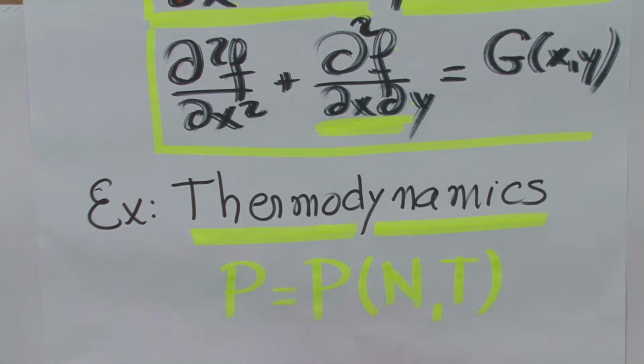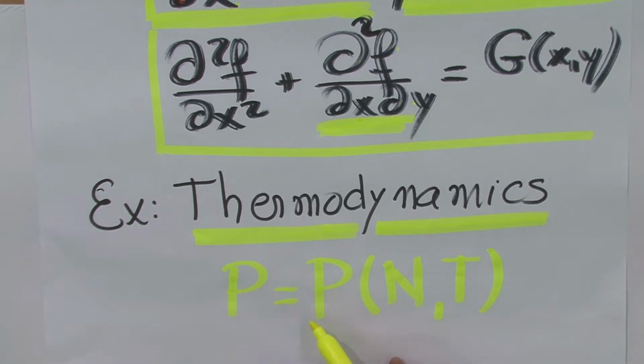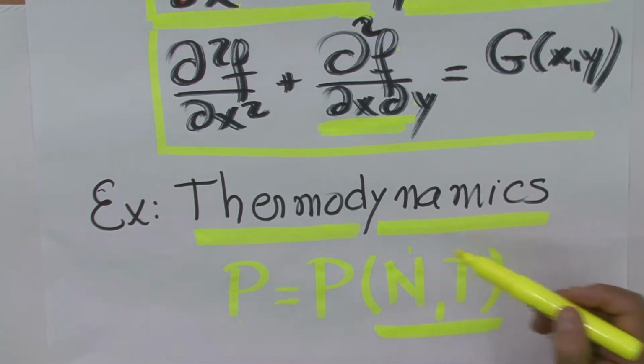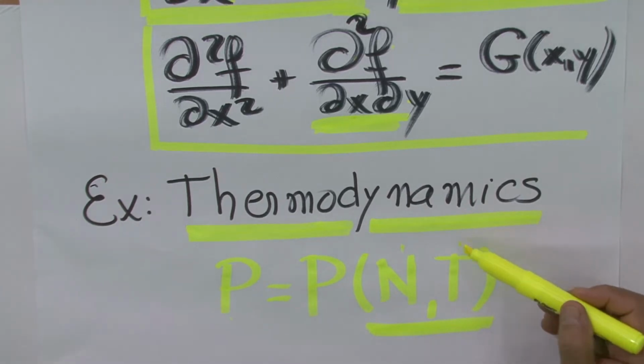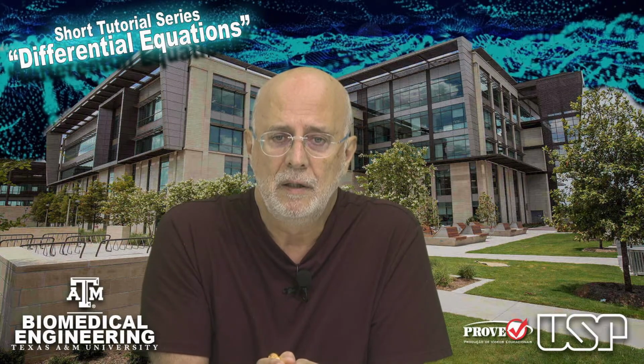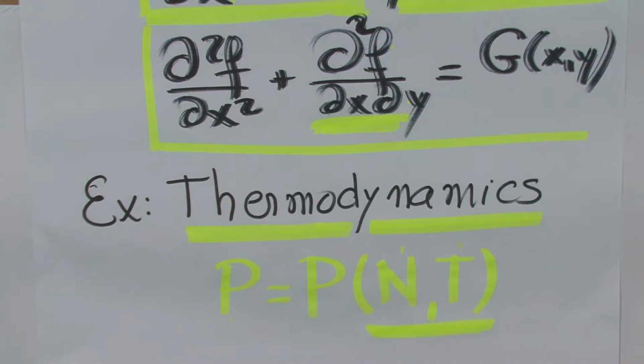So you see, any thermodynamic relation that's depending on pressure, we'll need to know how it varies with the two, because I can vary pressure depending on number or depending on temperature. So anything that's depending on pressure can vary if I vary number or if I vary temperature.